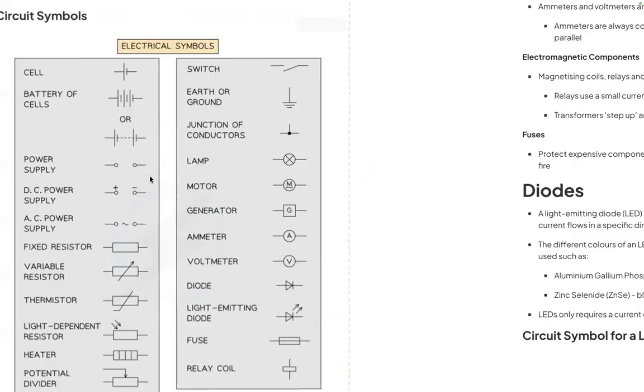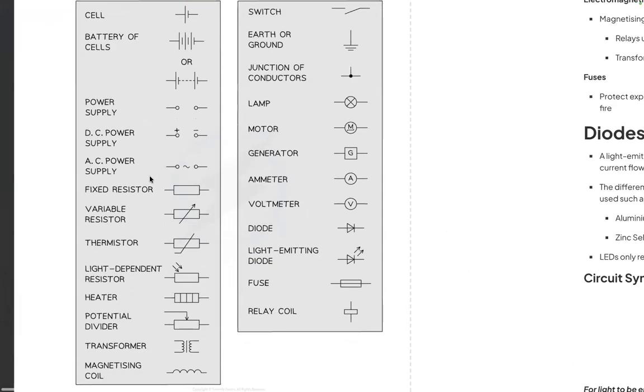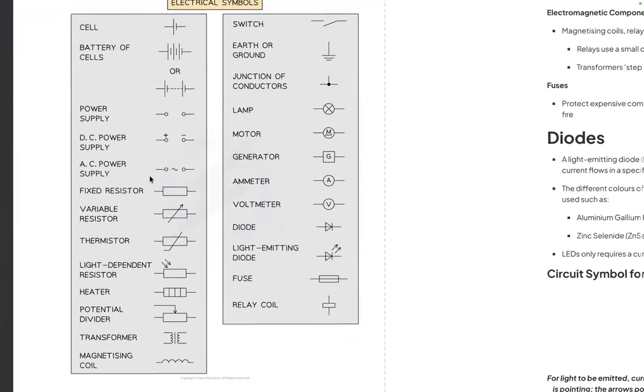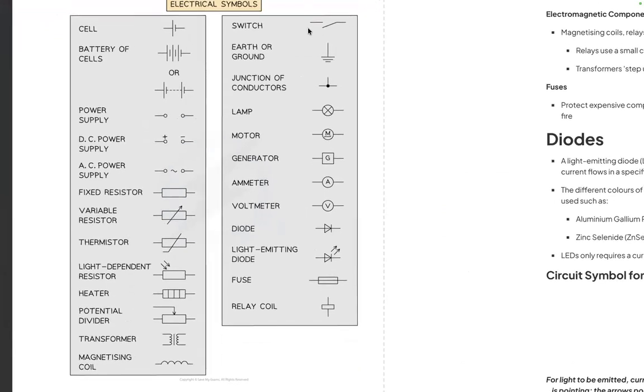Yeah, this is something I will share with you. I will not ask you to memorize it or spend any time over it. You should know what represents a cell, a battery, a bulb or a lamp, and in this case, what a thermistor is, the symbols for each of these, right? A fixed resistor, a variable resistor. So I will share this with you.